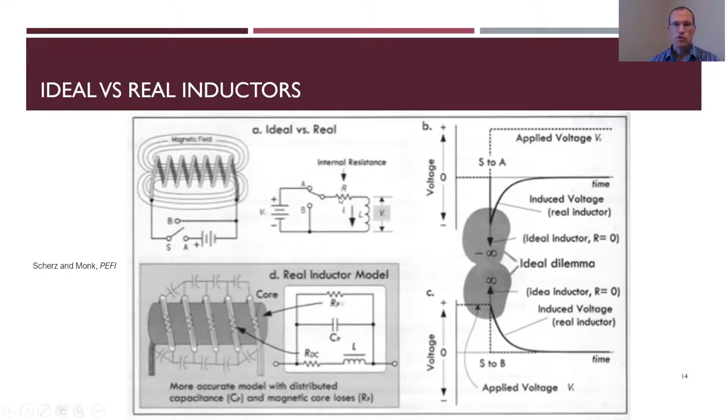So real inductor, you should have some internal resistance like we have here in series with your actual inductor. So every inductor is, in a sense, an RL circuit. If you want to get even fancier, you can have some capacitances around as well. So a more accurate model has some distributed capacitance around each winding, and the magnetic core losses, so another resistance based on those.